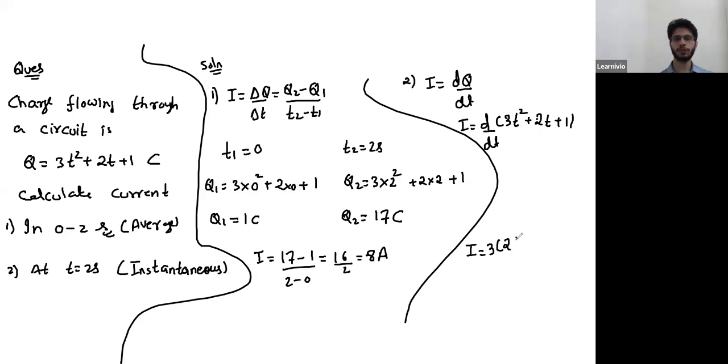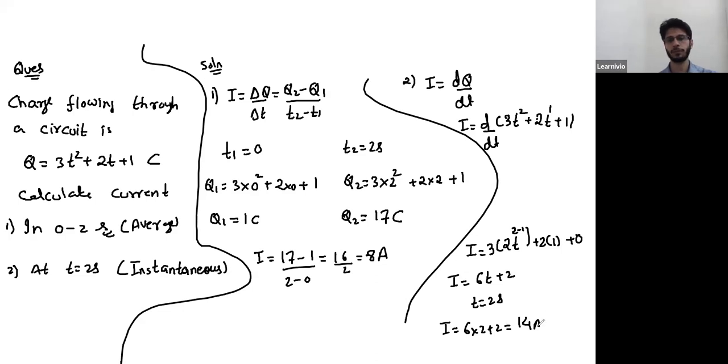The derivative of t square is 2t to the power 2 minus 1. Plus 2, you can differentiate t to the power 1, its derivative is 1. If you differentiate 1, it's 0. So it's 6t plus 2. At t equal to 2 seconds, if I substitute t equal to 2 here, then it's 6 into 2 plus 2, 12 plus 2, that's 14 ampere.